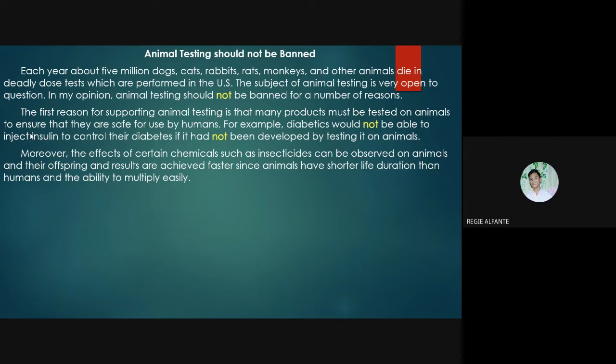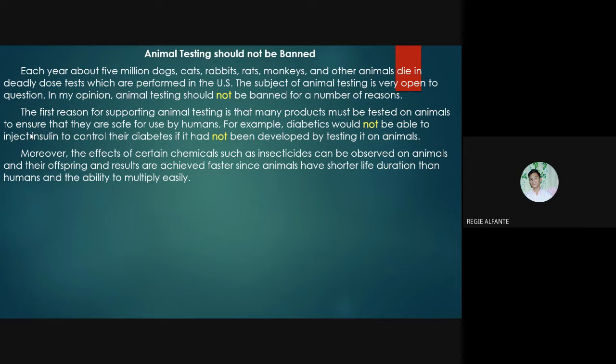The subject of animal testing is very open to question. In my opinion, animal testing should not be banned for a number of reasons. So "not" describes that the speaker was not in favor of banning animal testing due to a number of reasons.